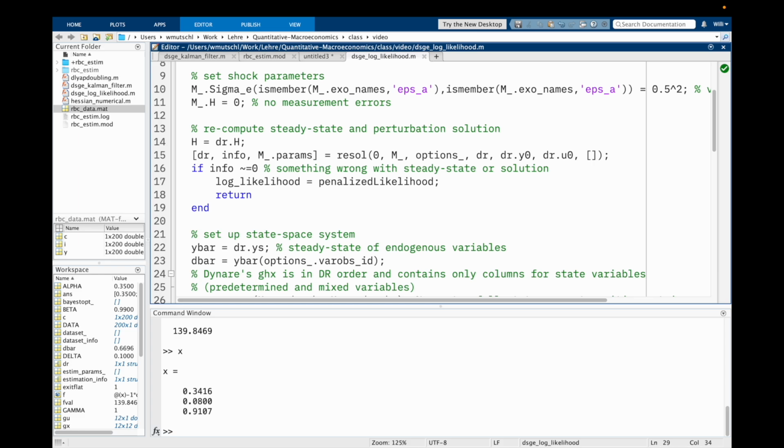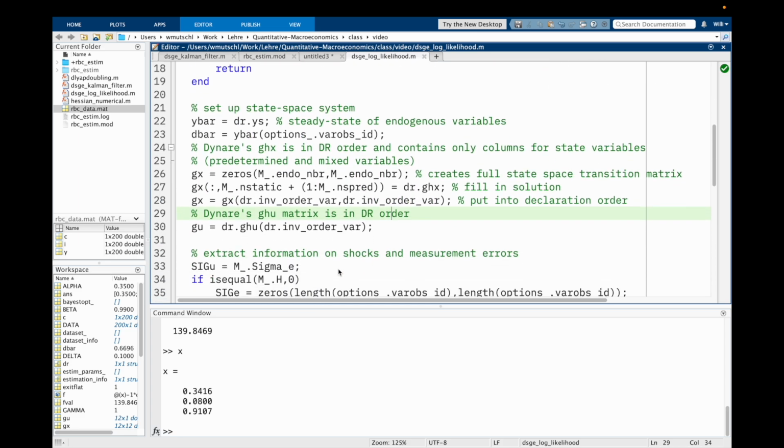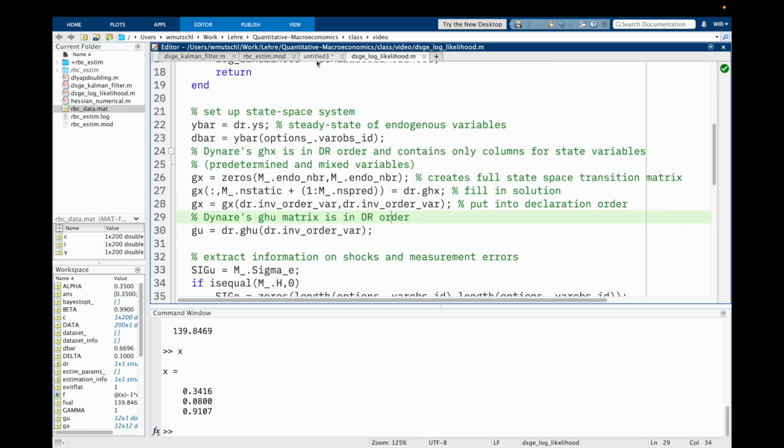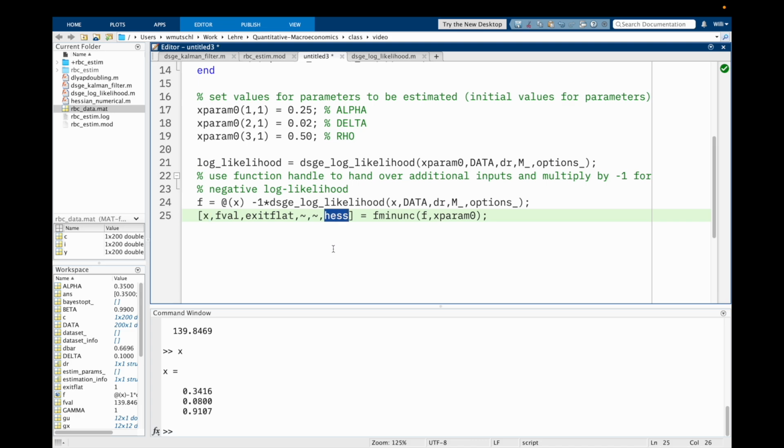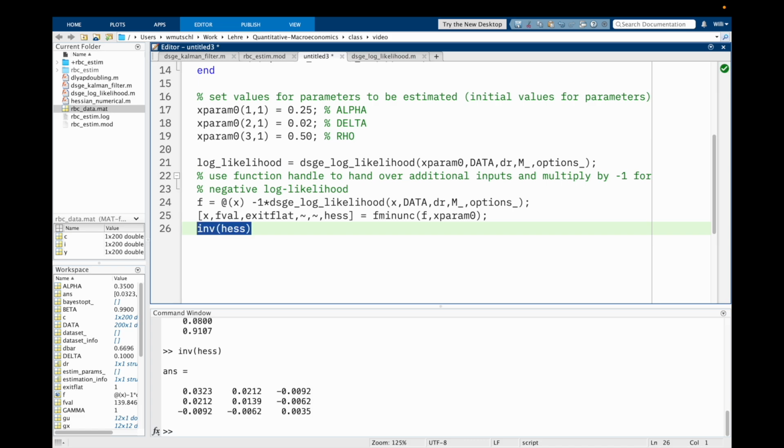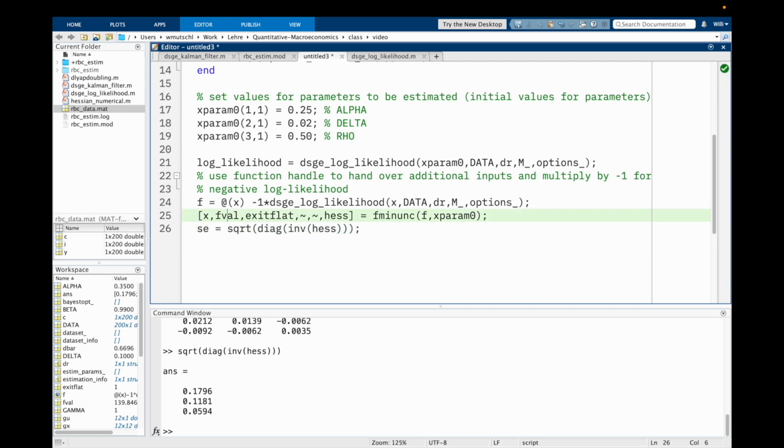Well, let's compute this via the Hessian, the standard errors, right? I can use the inverse of the Hessian, take the diagonal elements and take the square root on that, and I get standard errors for my estimates. So let me call that SE.